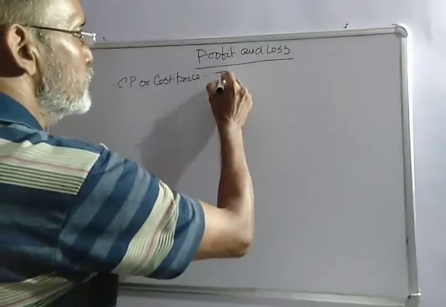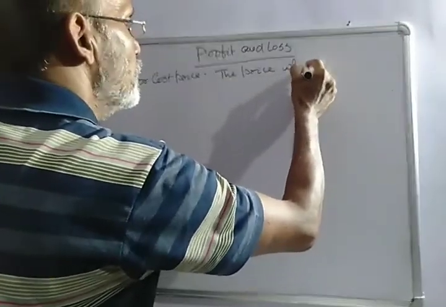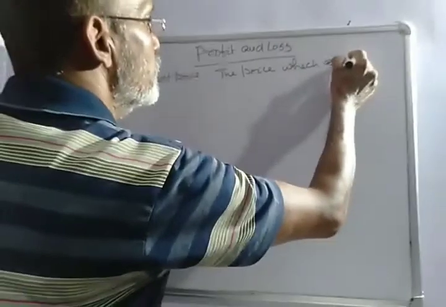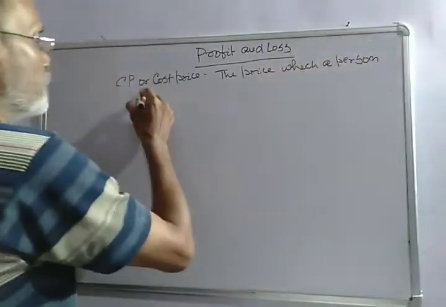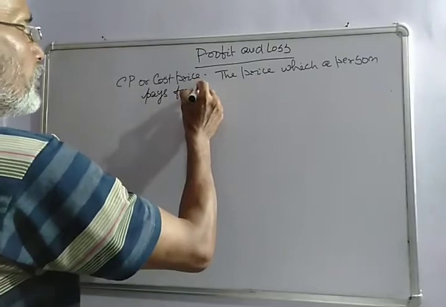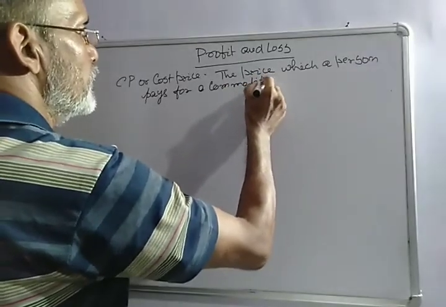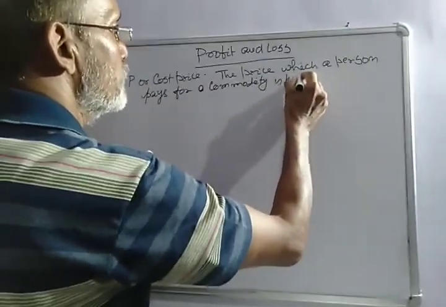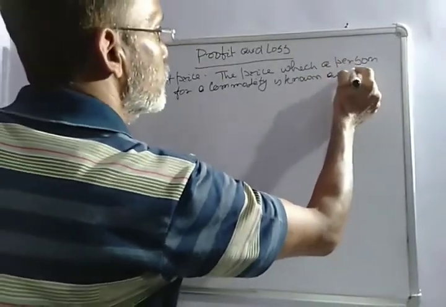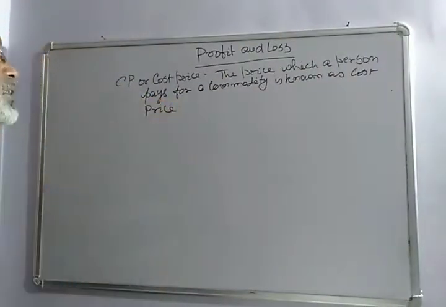The price which a person pays for a commodity is known as cost price.